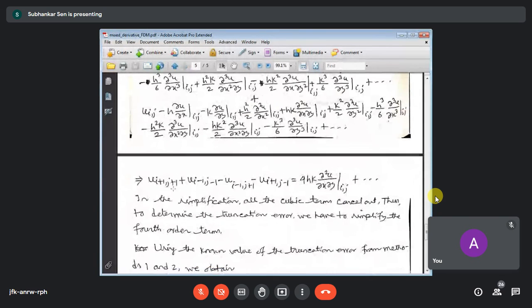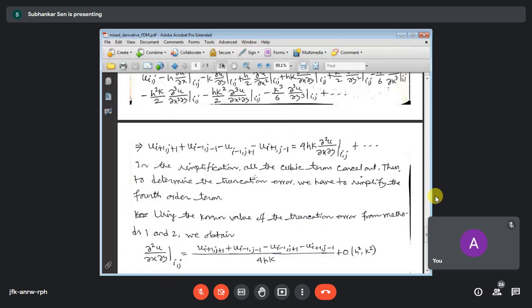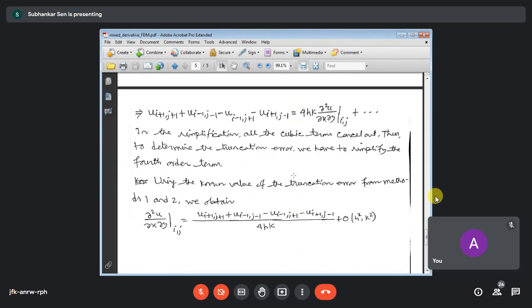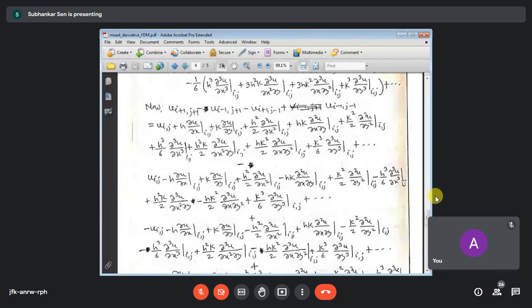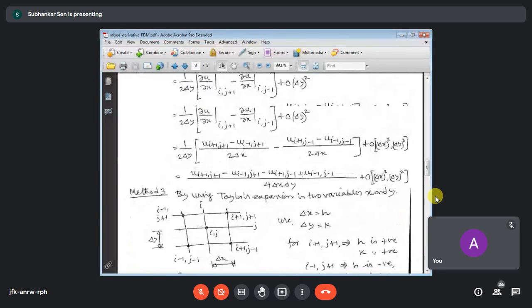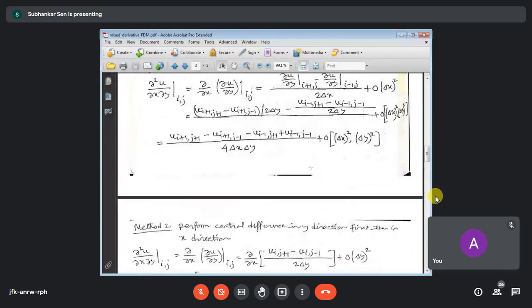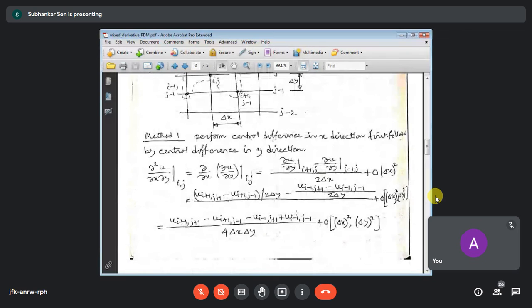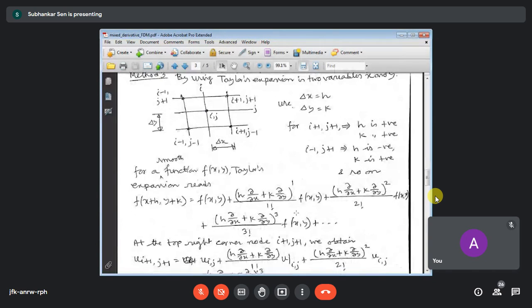Then we are getting from here these terms plus lots of other terms. Here we are writing that all the cubic terms are cancelling. To find out the truncation error, we need the fourth derivative terms, the fourth power terms, which we did not show here. We already know the truncation error from the central difference approximation of the mixed derivatives, so directly we are writing the truncation error.